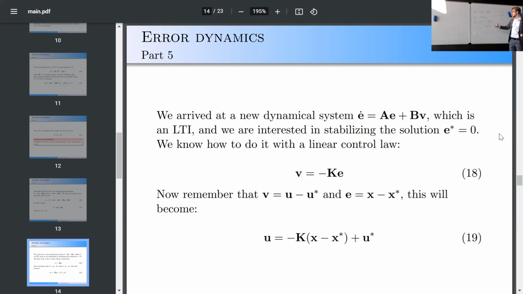And v is minus K e. So we write minus K e plus u star. But e is x minus x star. So you get u equals u star minus K times (x minus x star). And that is how you get your control law in the original variables.